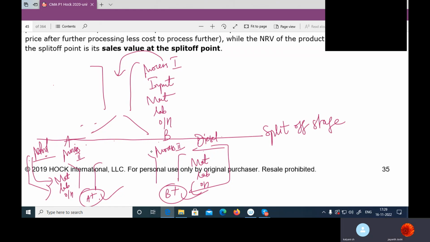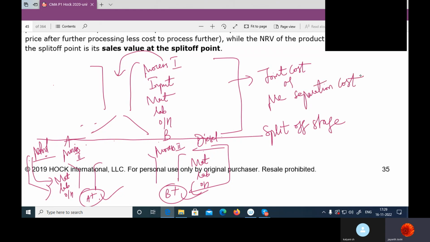It has split into two different products, and the cost before the split off stage is called joint cost or pre-separation cost. And the cost after the split off stage is called post separation cost or further processing cost.